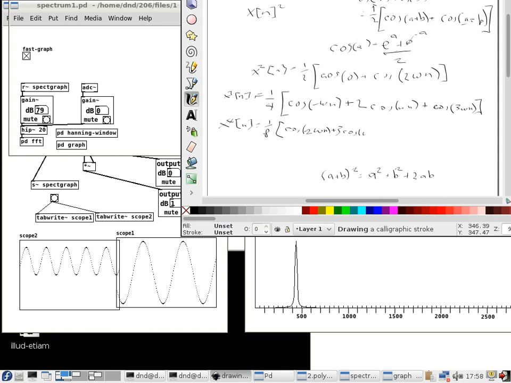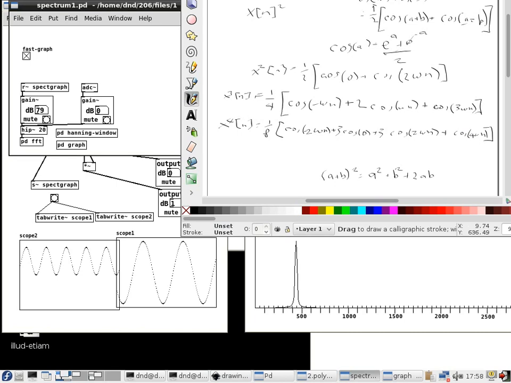Plus 3 cosine of 0 plus 3 cosine of 2 omega n plus cosine of 4 omega n. And that's where the series stops because I don't have enough room horizontally to get to the next one. Okay, so let's see. First off, 1, 1, 1, 2, 1, 1, 3, 3, 1, and I'll tell you the next one, 1, 4, 6, 4, 1.